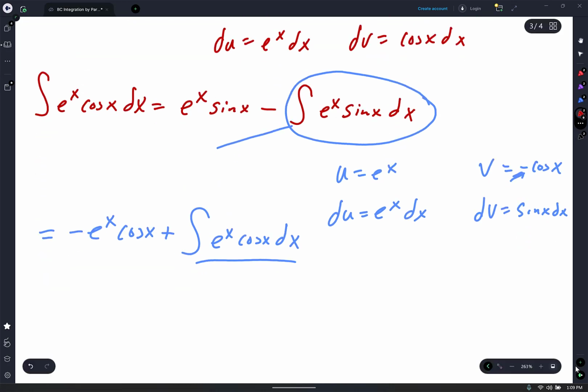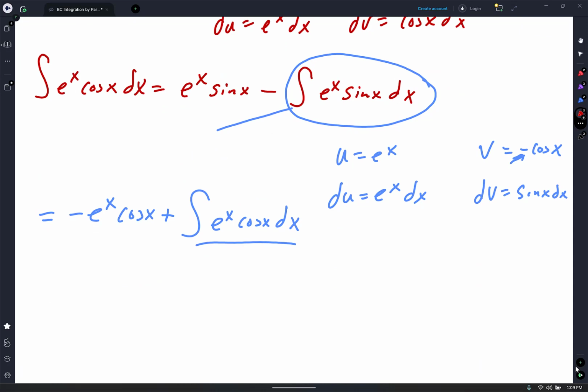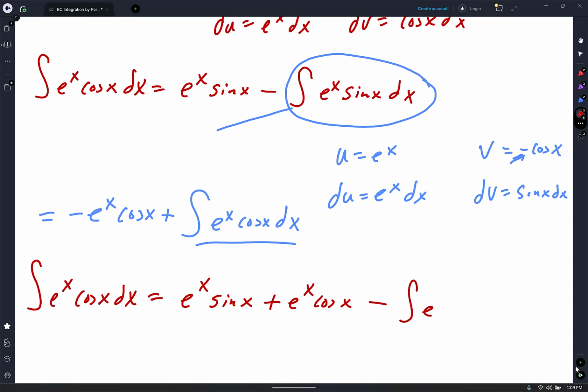So I'm putting the whole thing: the integral of e to the x cosine x dx equals e to the x sine x minus, so minus on minus turns to a plus, e to the x cosine x minus the integral, I distribute the negative, of e to the x cosine x dx. I don't see any mistakes.